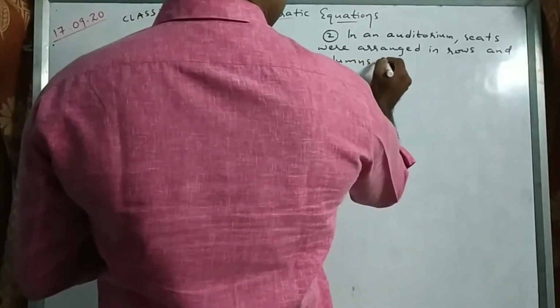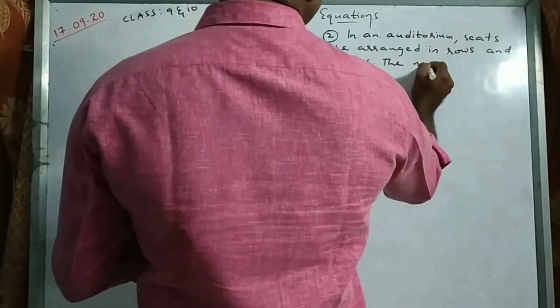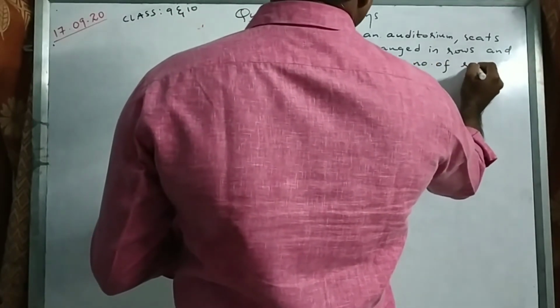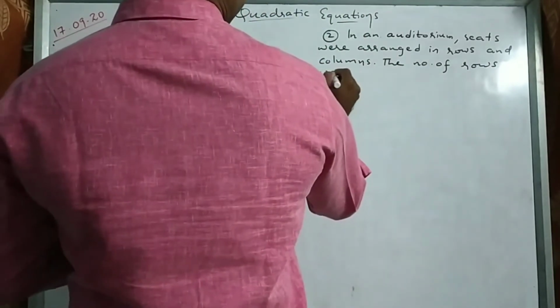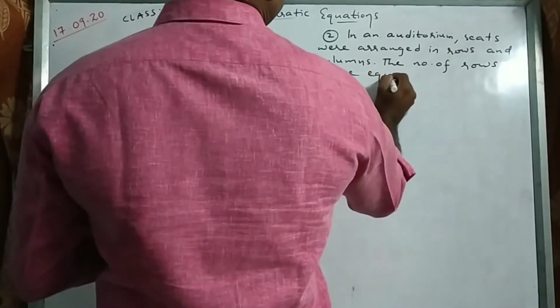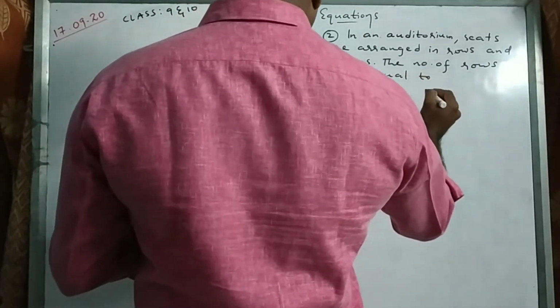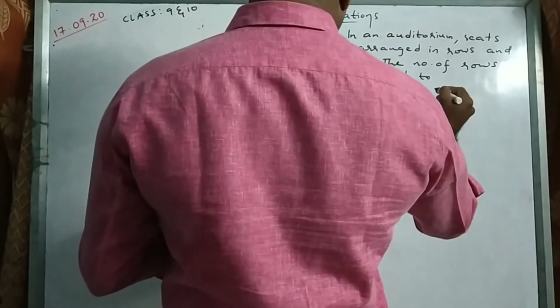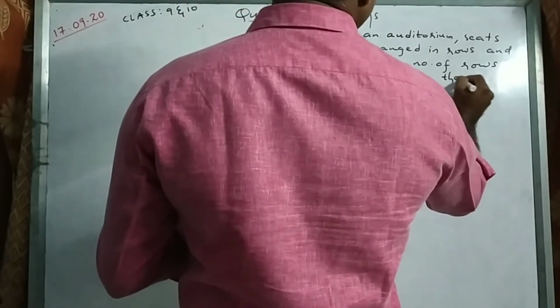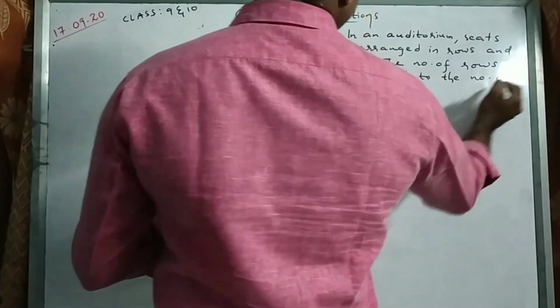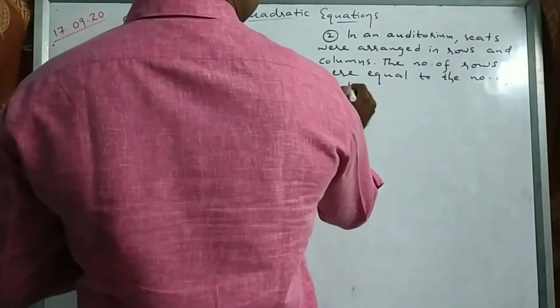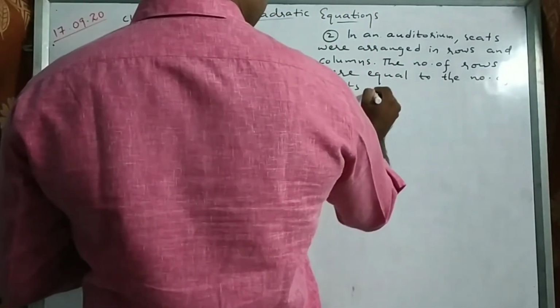The number of rows were equal to the number of seats in each row.